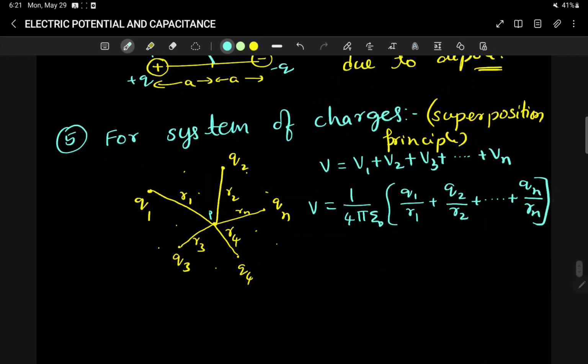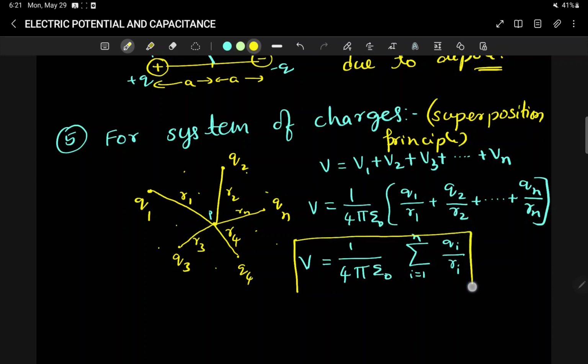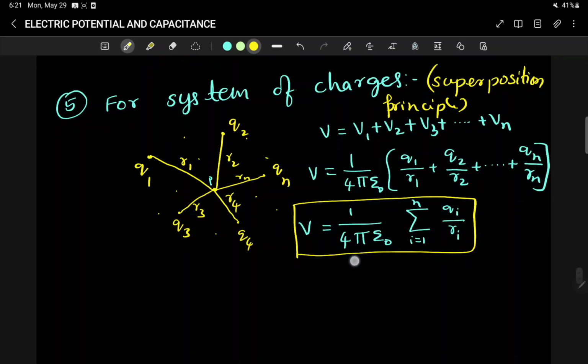Next, can I use the summation symbol? That is the sum of qi by ri, where i varies from 1 to n. So we can write it like this. This is the fifth formula.